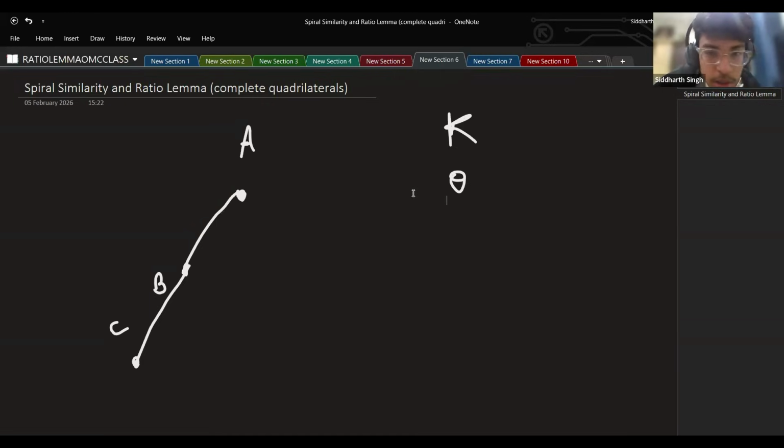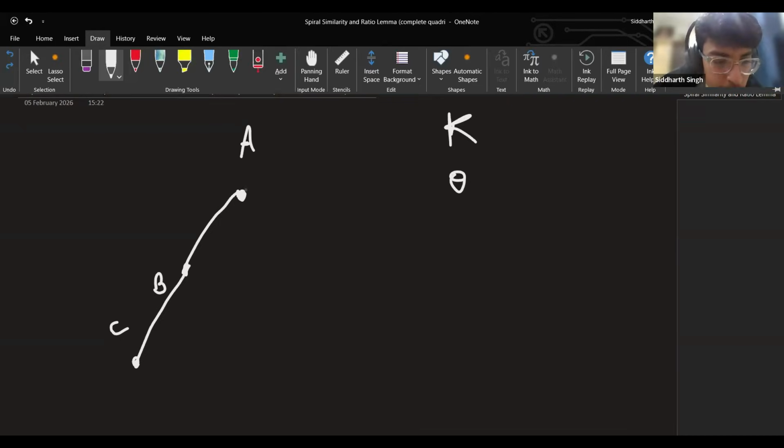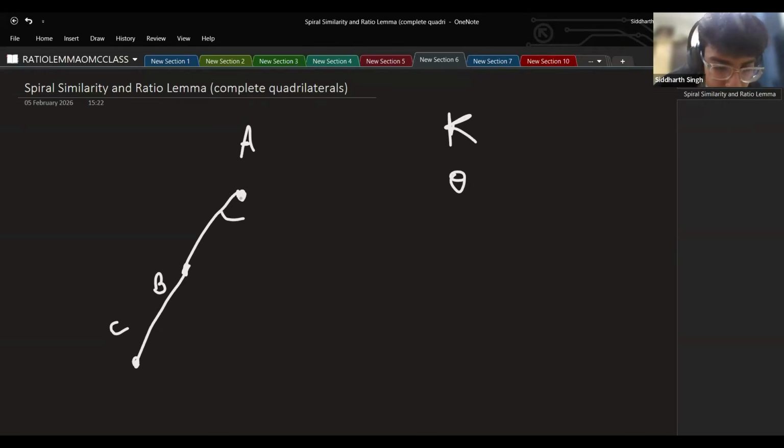Anyways, okay. So suppose we rotate the segment AC by some angle theta. So this goes to B dash.